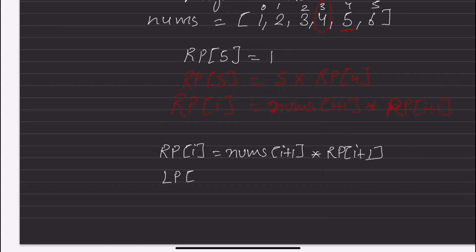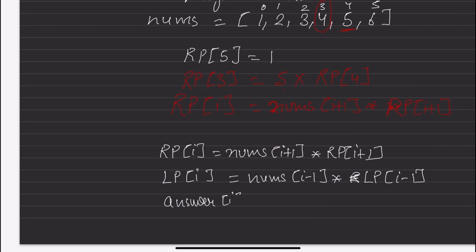LP of I equals nums of I minus 1 into LP of I minus 1, and answer of I equals LP of I into RP of I, right? So now we have these three formulas in our hand. Now let's jump onto the code and see if it is working or not.